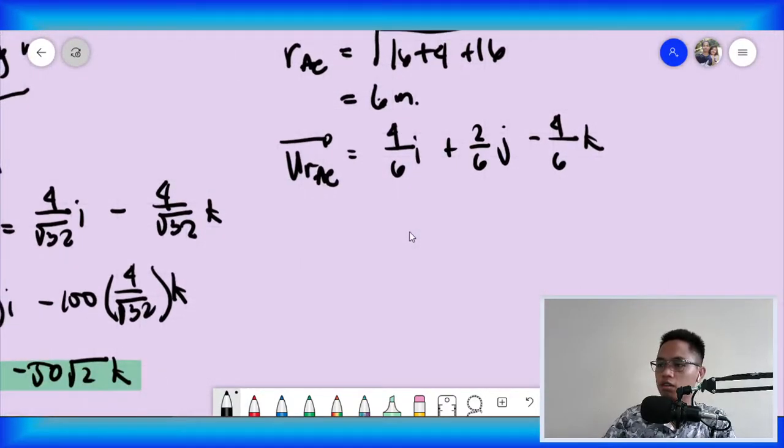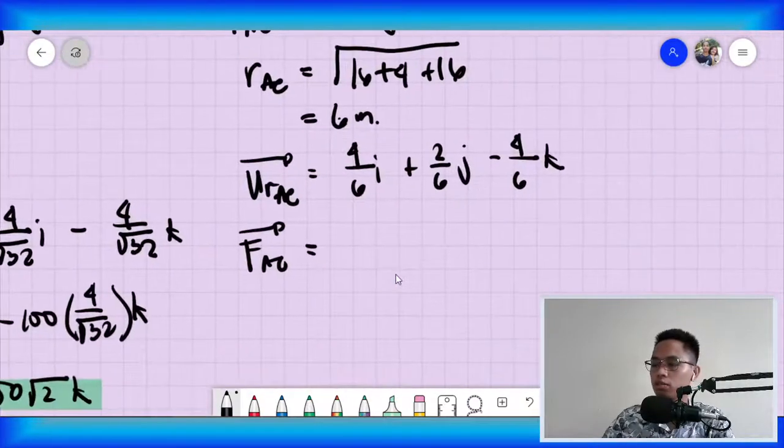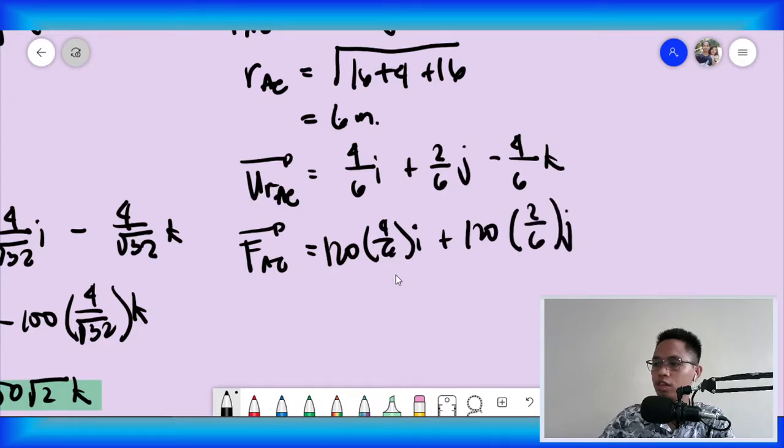Alright? So, let's proceed with the Cartesian vector of FAC. The given magnitude is 120, so distribute it again. This would be 120 times 4 over 6i plus 120 times 2 over 6j minus 120 times 4 over 6k.